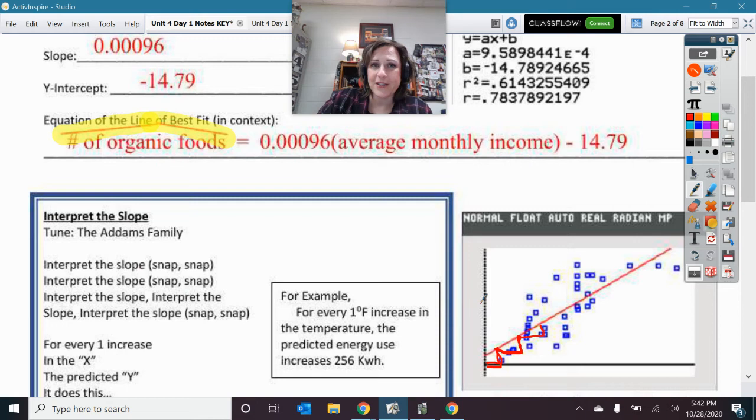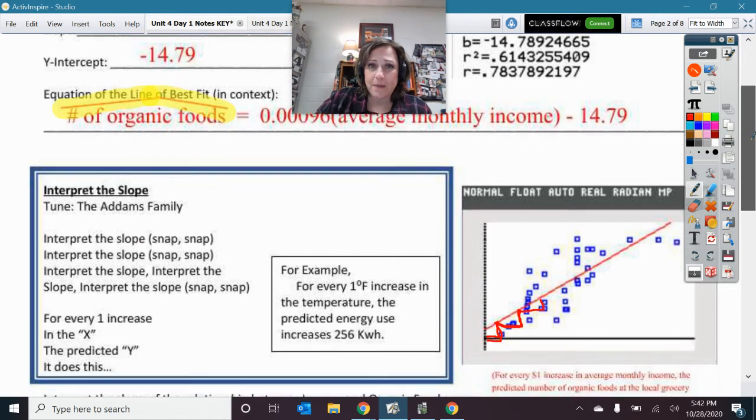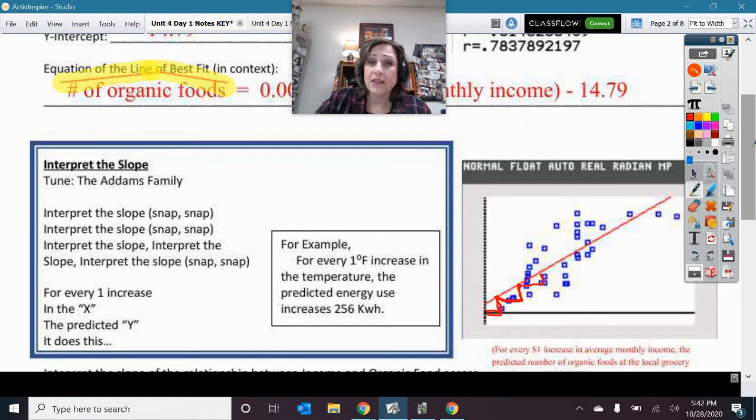So look, here is my attempt at helping you remember how to interpret the slope. There were 2 years in a row, 2017 and 2018, where problem number 1, the very first question, was giving you information just like this, and it said, number 1A, interpret the slope. And then number 1B said, interpret the y-intercept.